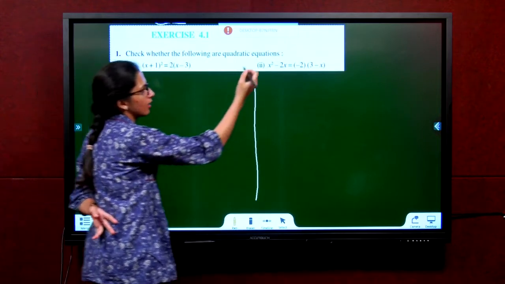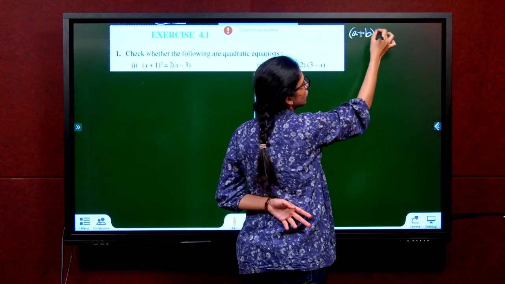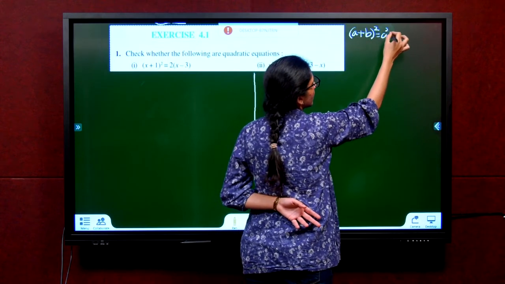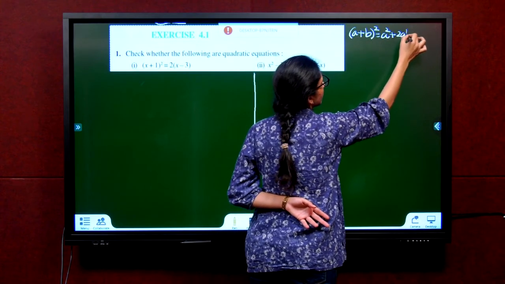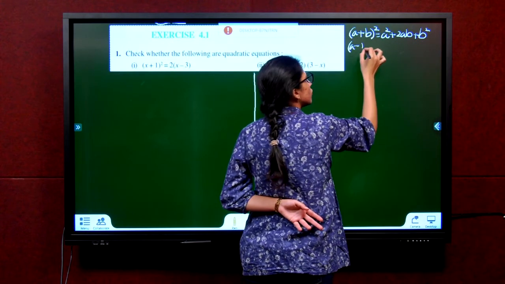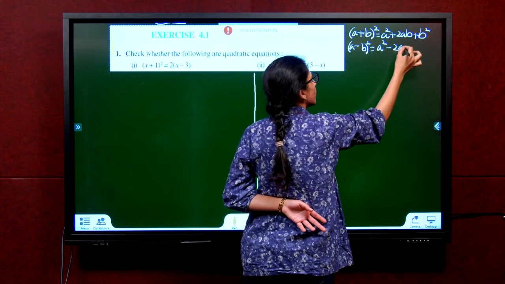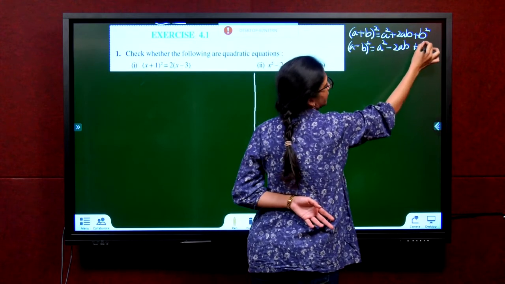What is the formula? I will write it here for those who do not know. A plus b the whole square is a square plus 2ab plus b square. A minus b the whole square is a square minus 2ab plus b square.